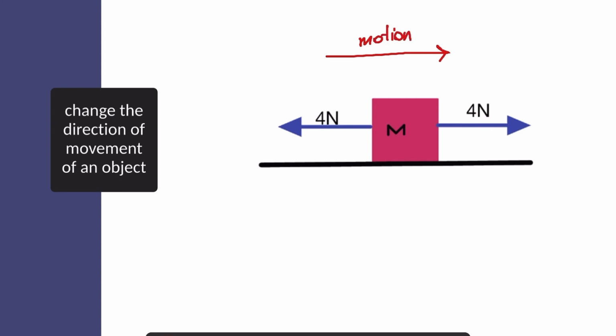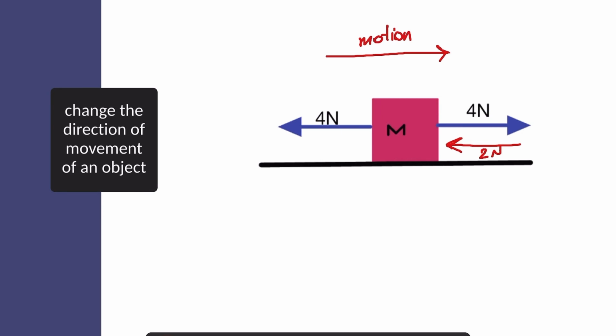And then all of a sudden, an unbalanced force acts on this object in the opposite direction, let's say 2 newtons again. In this example, we again ignore frictional forces or any other forces acting on the object. We just assume the forces at the beginning are balanced and the object is in uniform motion.